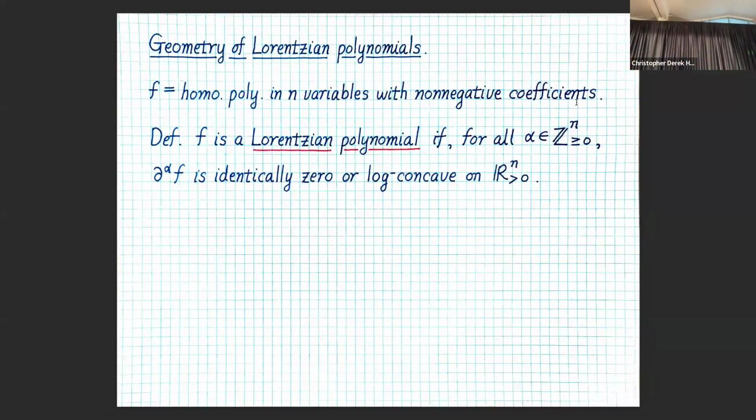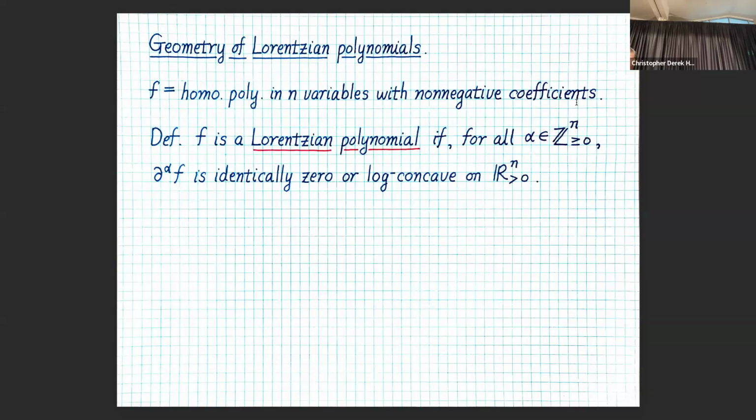So here is one of many possible definitions of a Lorentzian polynomial. We're going to work with homogeneous polynomials, always in n variables and with non-negative coefficients. When I refer to the degree of f, it will always be d.